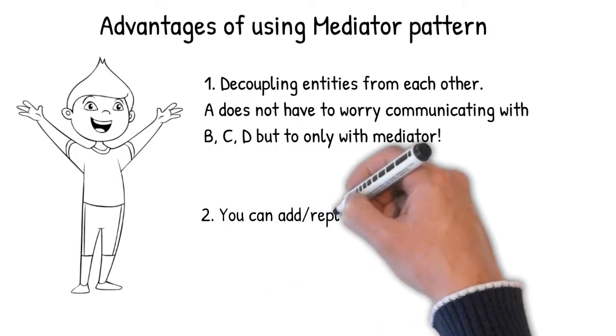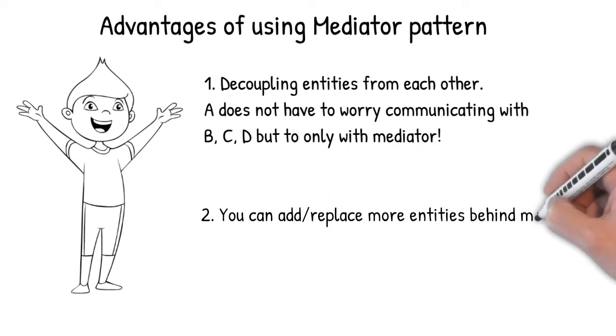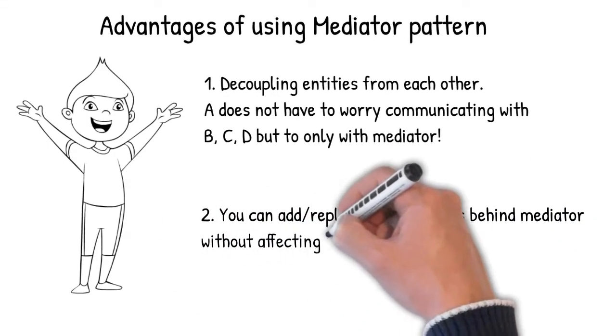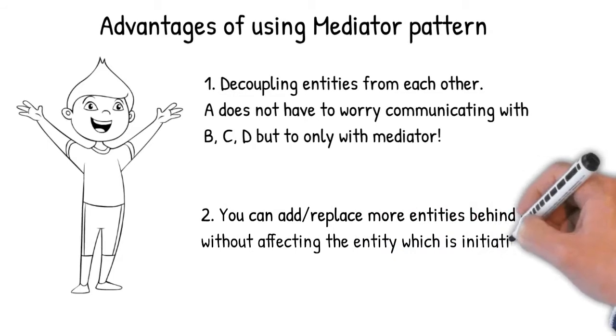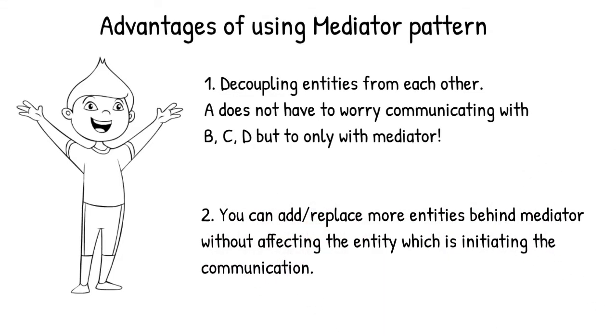Second advantage is that the mediator pattern helps you to add or even replace one or more entities behind the mediator. So the one who initiates the communication doesn't need to bother about the internal changes. This is pretty awesome.